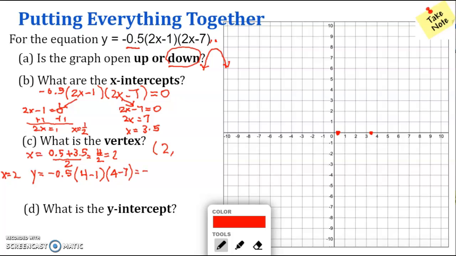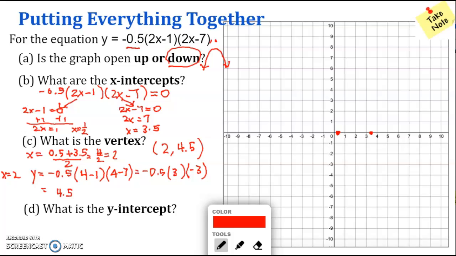That's going to give me negative 0.5 multiplied by 3, since 4 minus 1 is 3, and 4 minus 7 is going to be negative 3. So that's going to be 3 times negative 3, which is negative 9, times negative half is going to be positive 4.5. So I have just figured out my vertex y-coordinate is going to be 4.5.